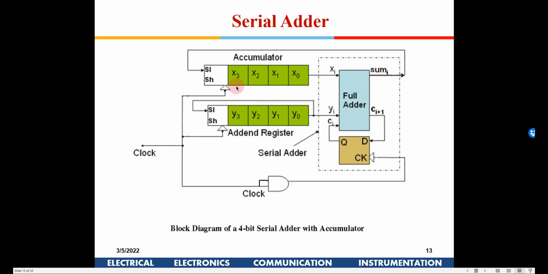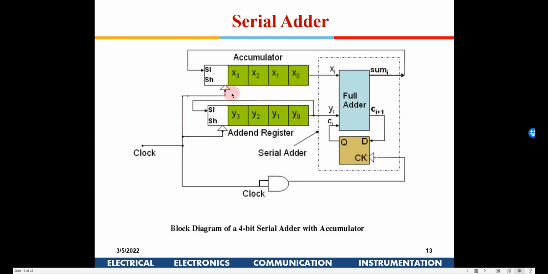In the next clock, that new sum will be pushed in from the left hand side, and the entire data will move towards the right. At the end of 4 clock cycles, all the 4 sums will be available here, a carry will be available here, and this will get restored with the previous data.